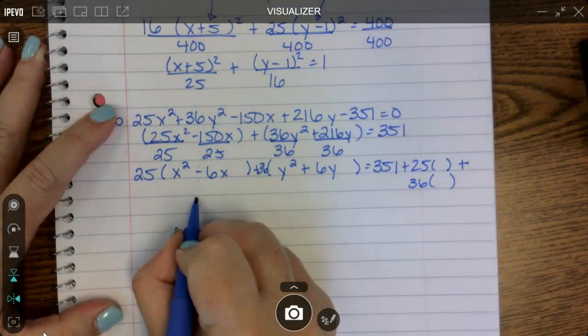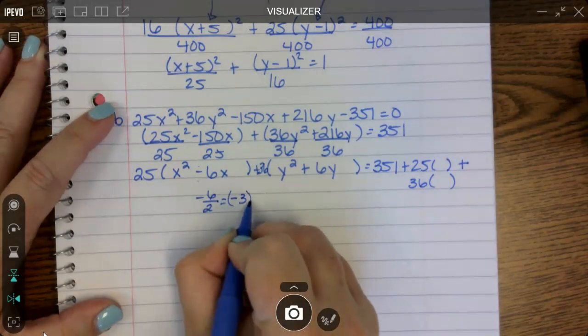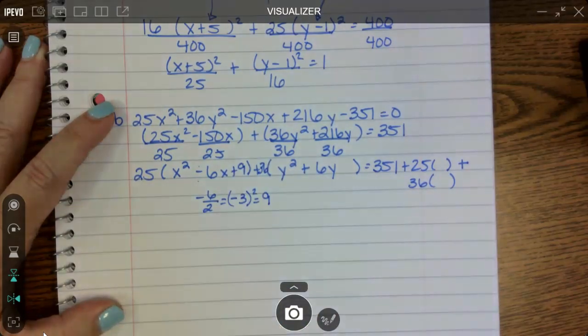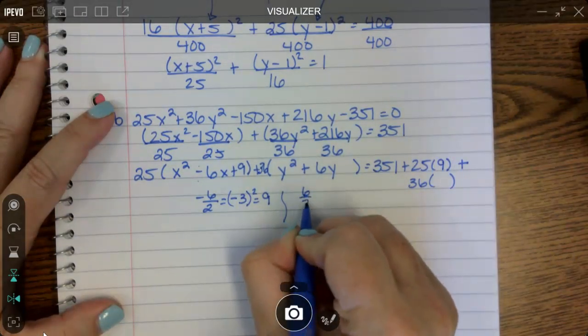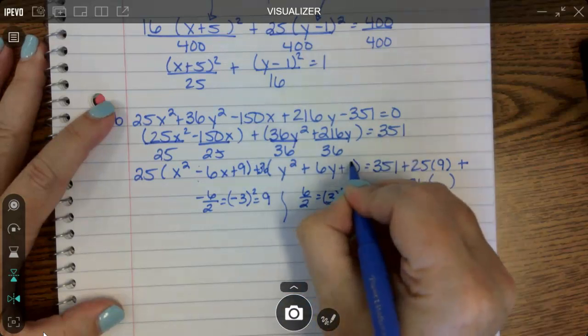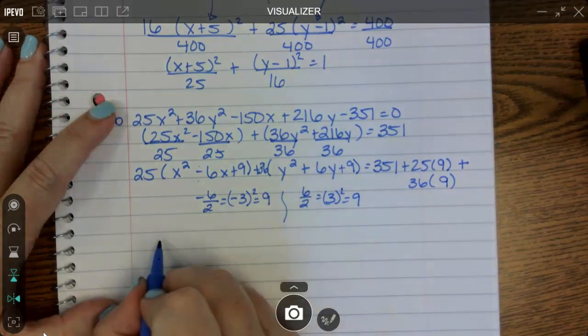So now negative 6 divided by 2 is negative 3. Squared is 9. So plus 9 here and 9 here. And then 6 divided by 2 is 3. Squared is 9. So plus 9 here and here. So now we're going to fake factor.